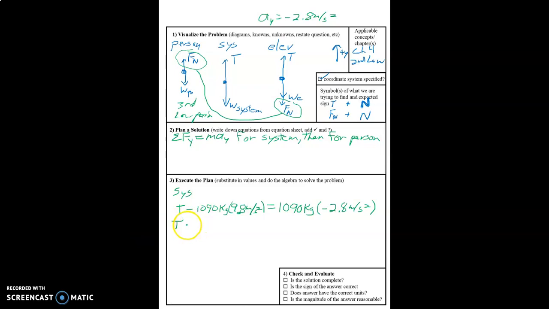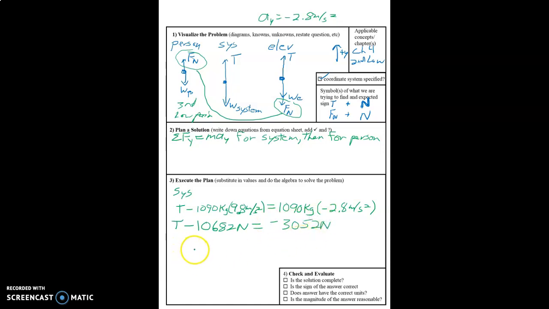So T minus, we're going to punch this in on the calculator. You can try it along with me. I get 10,682 newtons, and then on the other side, 1,090 times negative 2.8 is negative 3,052.